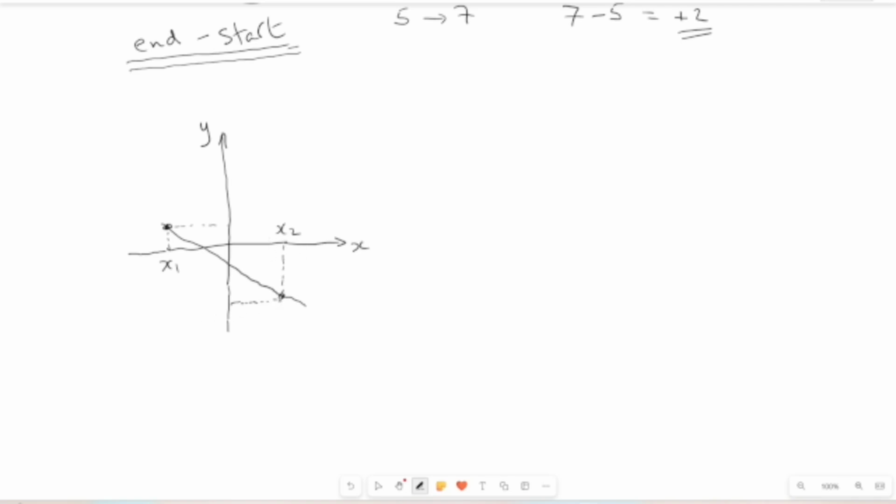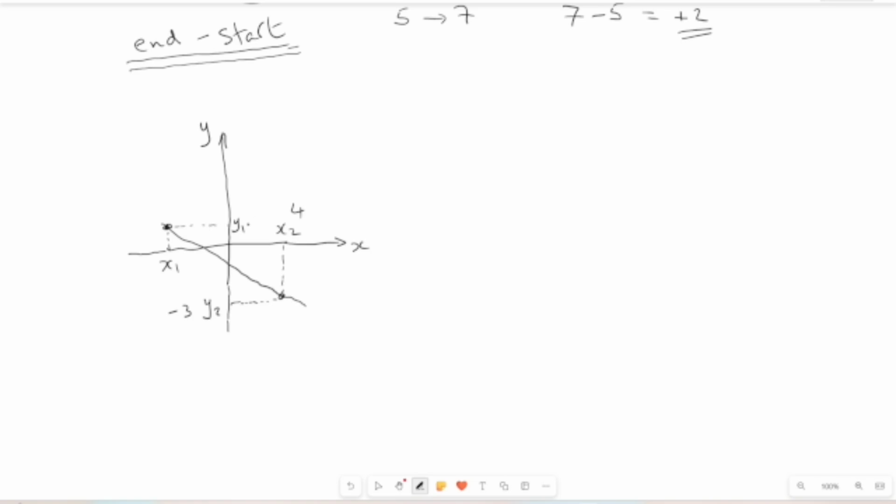With x2 goes y2 always, and with x1 goes y1 always. So let's give some numbers to this just to see how it might look. This is positive, let's make that 4, and this is negative, so let's make that -3.